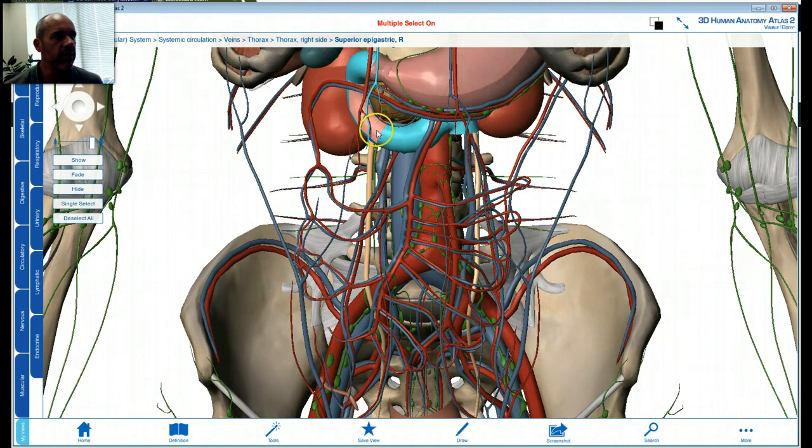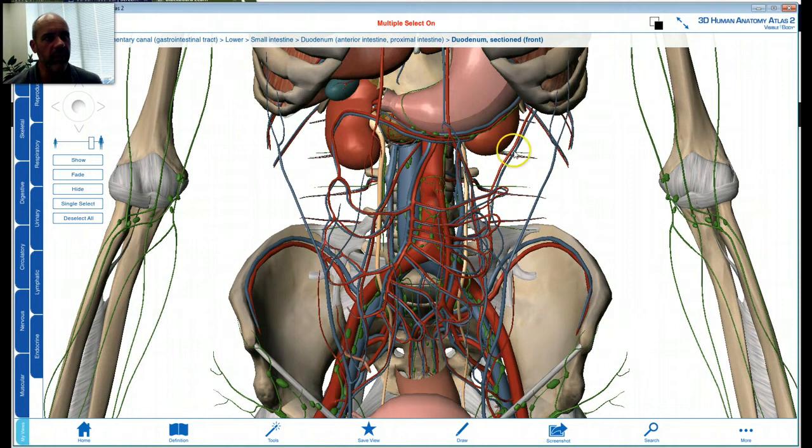Get rid of the duodenum there. All right, so there's your right kidney, there's the left kidney over here. Part of that one's hidden by the stomach. And then there's a ureter, and then the one over there on the left.